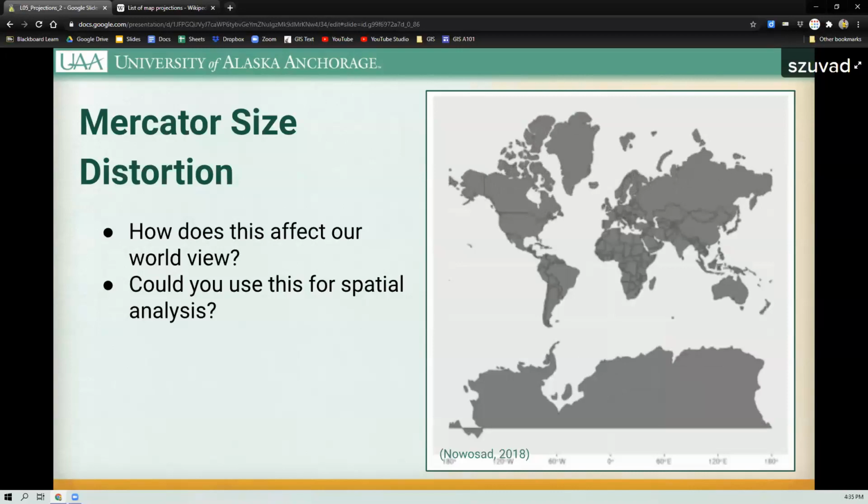Obviously, if we change that, if we ignore the way the planet rotates and ignore that oblate spherical model, some of this distortion would go away. But since we use those pretty heavily, there's a significant amount of distortion, and I can only watch the slide for so long, so we'll move on. But for spatial analysis, the Mercator system is not good.